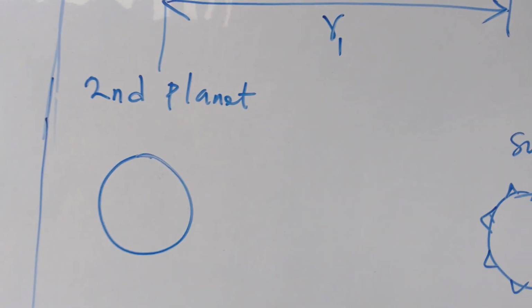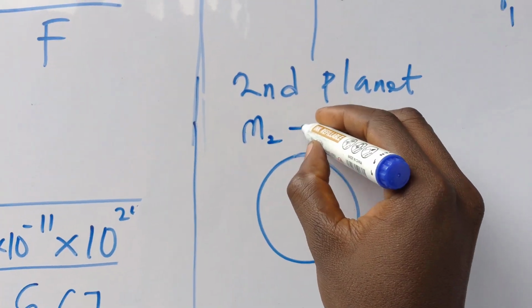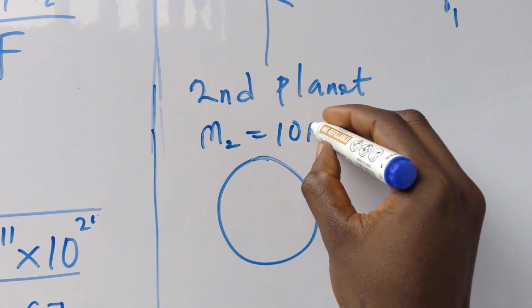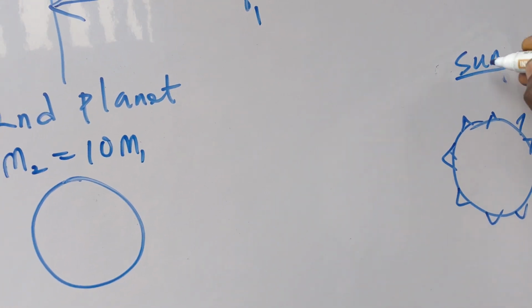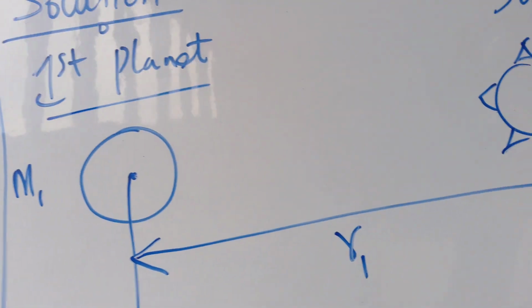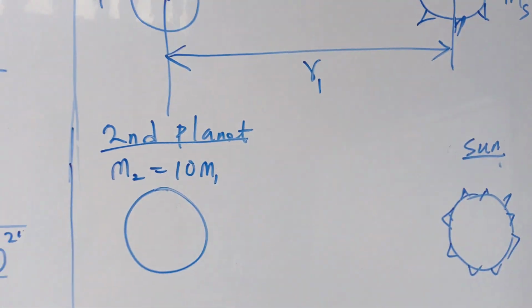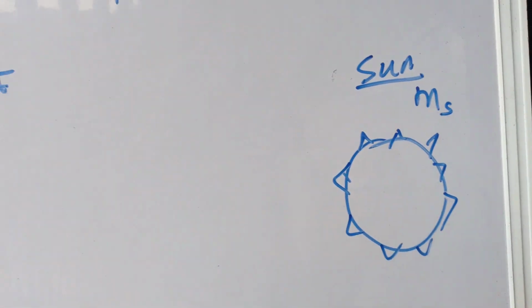The mass of the second planet is m2, which equals 10 m1, and the mass of the sun is ms.